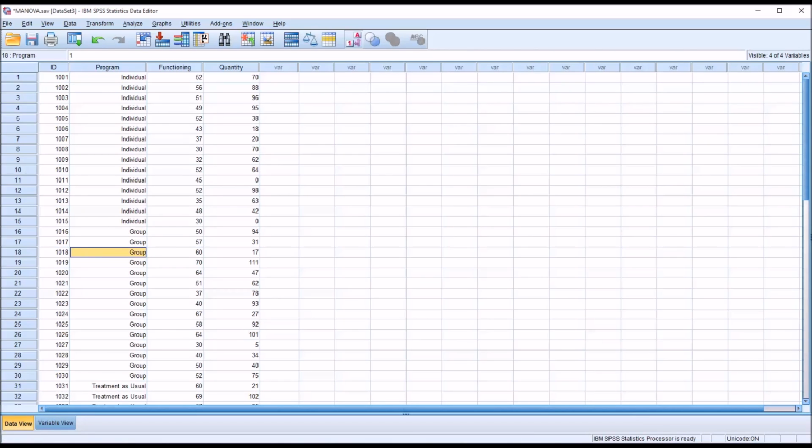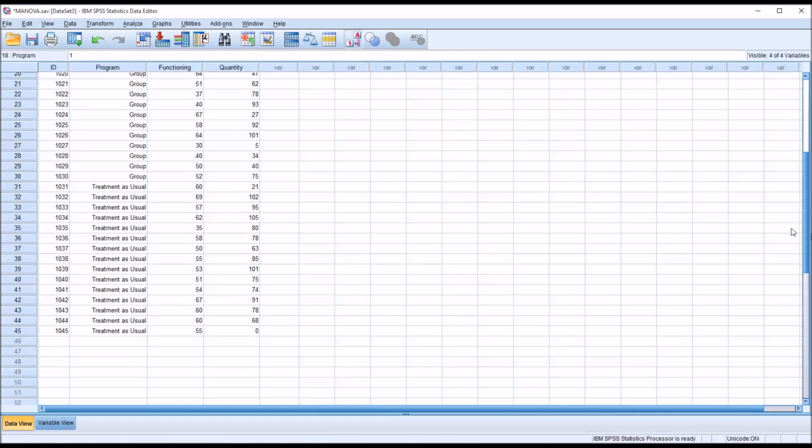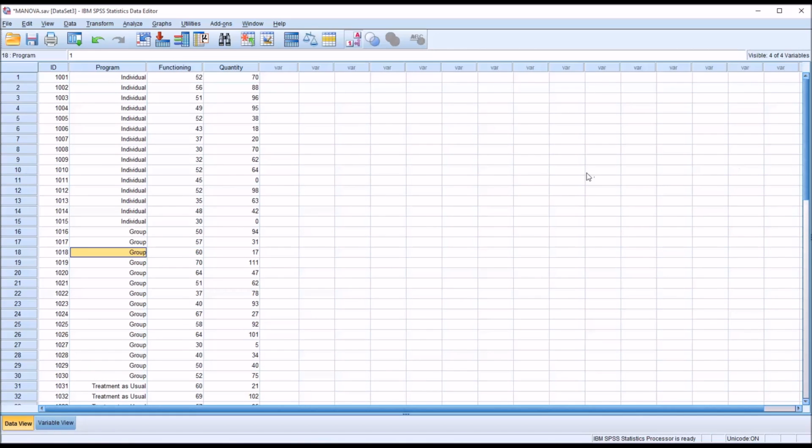Now there are different opinions about what the minimum should be. One common minimum used is 20, so you'd need 20 sets of scores on these dependent variables for each level of the independent variable. As you can see in my case, I only have 15 in each group because I only have 45 total.